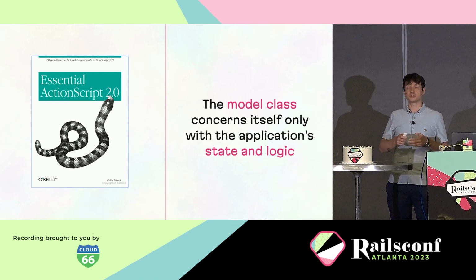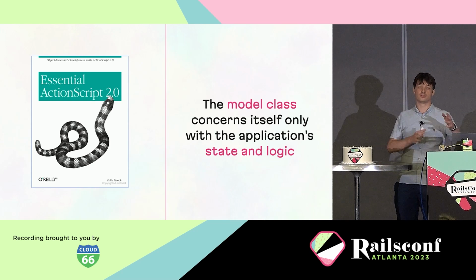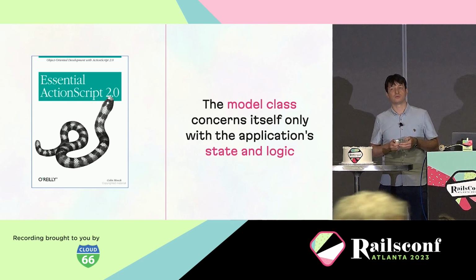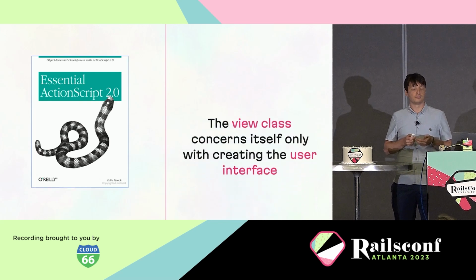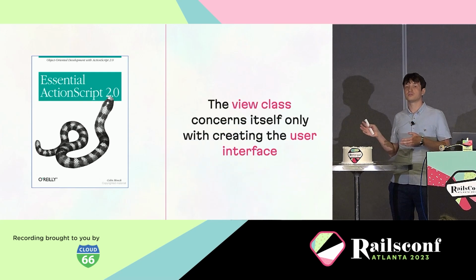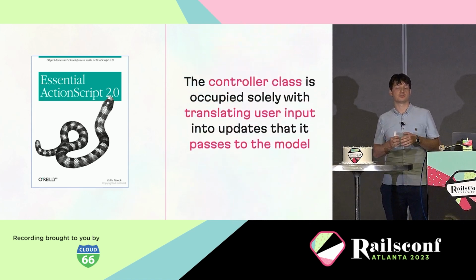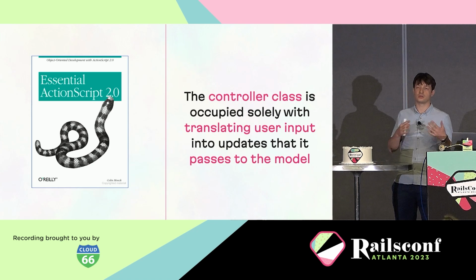Because what is MVC? It's the idea of separating the application components into three groups by their responsibility. Model is responsible for managing state and business logic, and view is only responsible for the user interface, nothing else. And the controller's sole responsibility is to translate user input into model updates.